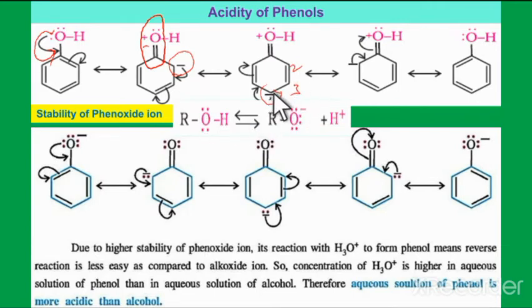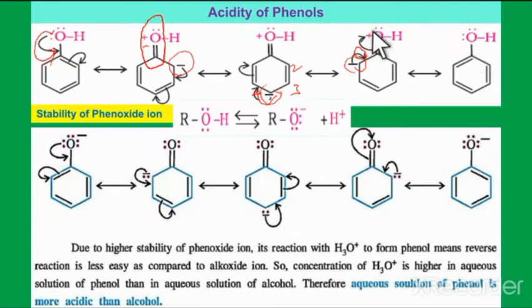Now the negative charge is delocalized between the fourth and fifth carbon, so the double bond between the fifth and sixth carbon moves towards the sixth carbon. So the double bond is obtained at the fourth and fifth carbon, and the negative charge is present on the sixth carbon. When this negative charge is delocalized, the double bond between the oxygen and the first carbon moves towards the oxygen.